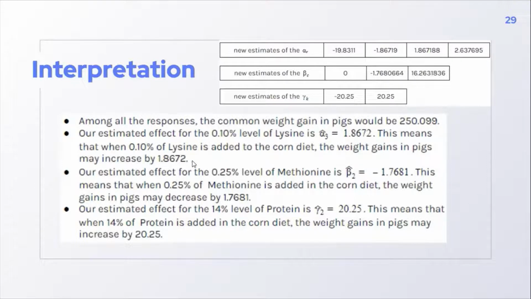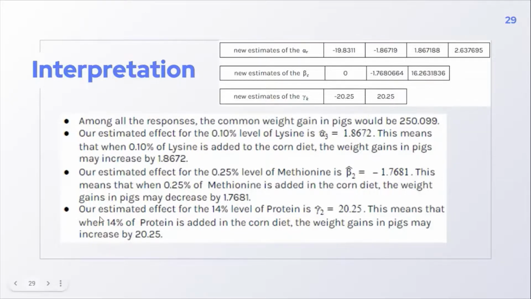increase by 1.8672. Third, our estimated effect for the 0.25 level of methionine is negative 1.7681. This means that when 0.25% of methionine is added in the corn diet, the weight gains in pigs may decrease by 1.7681.